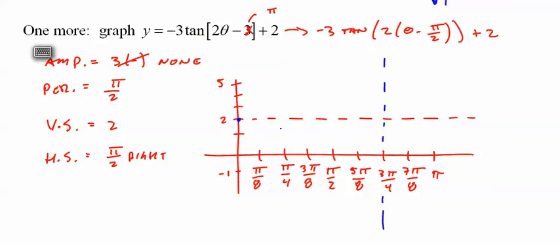Should start in the middle and go up. It's negative. It's going to go down. So start in the middle, but pi over 2 over. Go down to here. You know what? I'm just going to go the other way. Asymptote here, because the horizontal shift is basically the period, so it's just falling on top of itself.